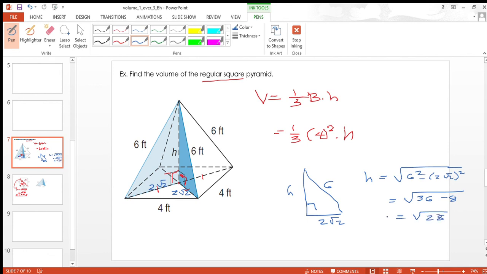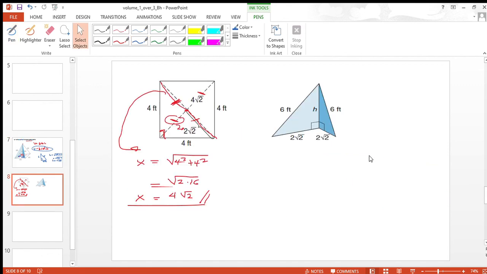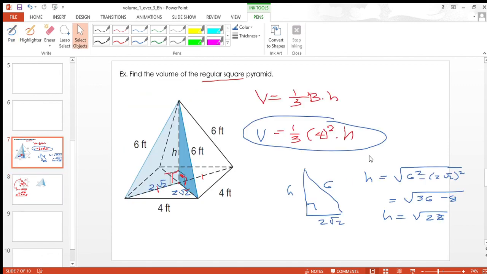So h is the square root of 28. And since you now have the value of h, just go back to this equation, substitute the value of h, then you're done. You have the volume of the regular square pyramid.